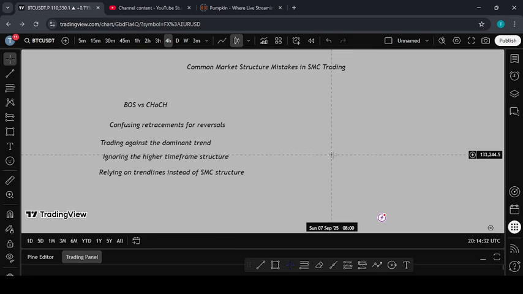So guys, today we're going to be talking about the common market structure mistakes a lot of traders make, we make sometimes, while trading SMC, right? These mistakes may be common and they are basically the basic things. When we get into advanced technical analysis in SMC, most times we forget the simple basic things.